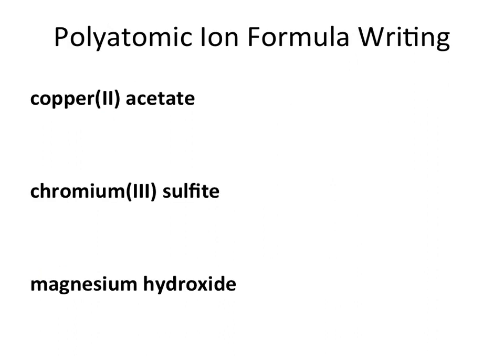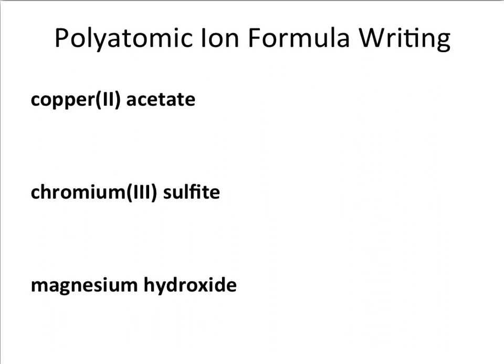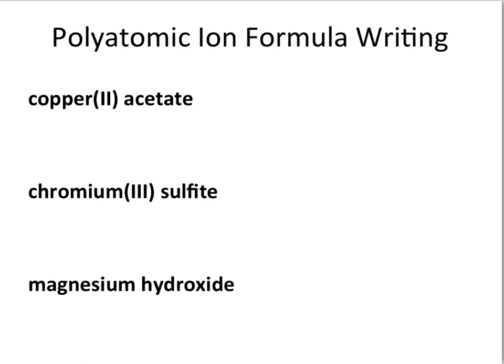Okay, so let's go ahead and look at these examples of polyatomic ion formula writing. We were looking at naming from formulas earlier. Now we're going to go the opposite direction, following the same set of rules. The only difference is that we want to make sure we're utilizing parentheses to help us track the appropriate subscripts. In the example I have here, I have copper +2.